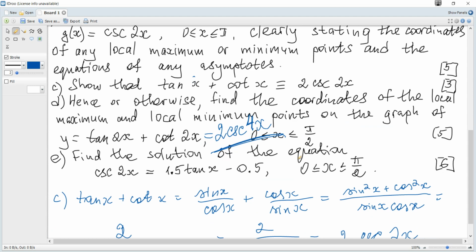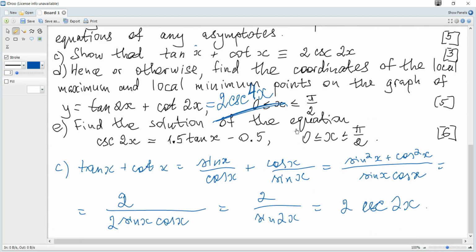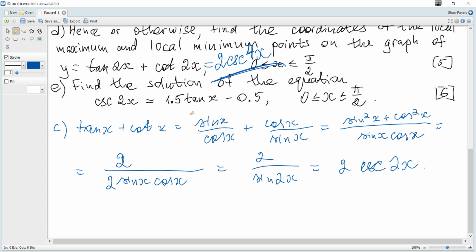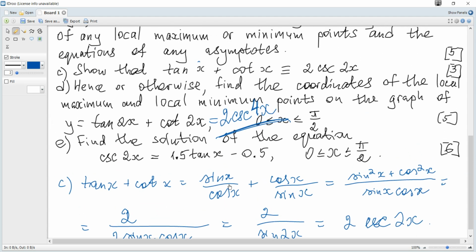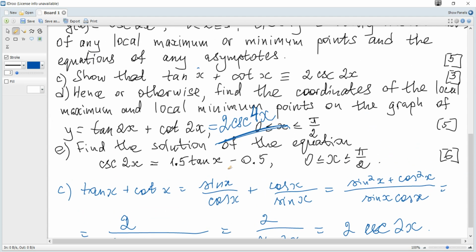The next, find the solution of the equation cosecant of 2x is 1.5 tangent x minus 0.5. And definitely, since it's a set, we should use the previous result. Usually it's more useful.